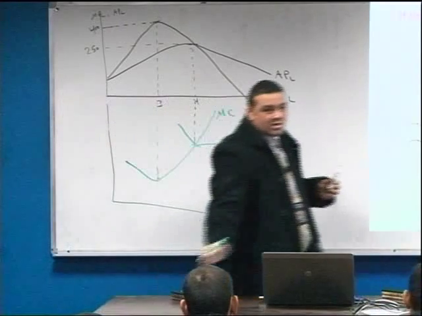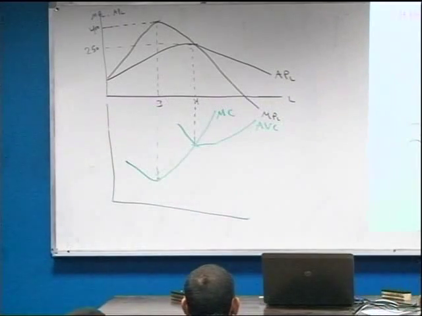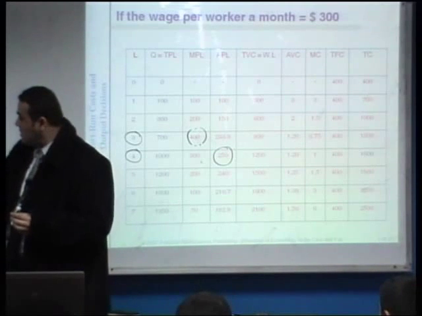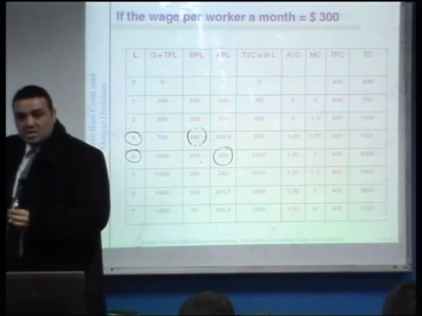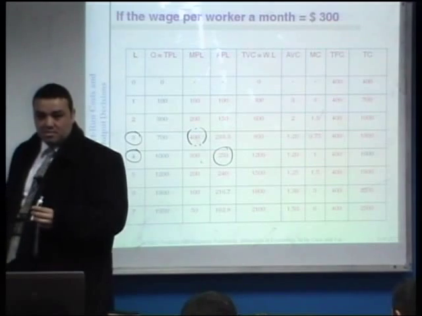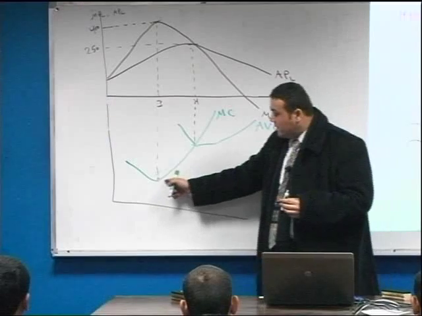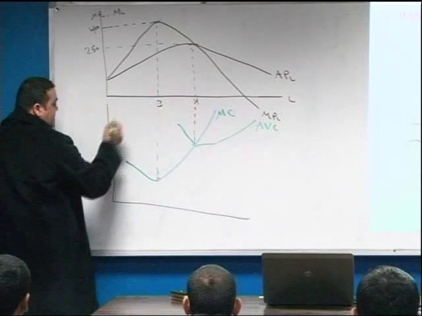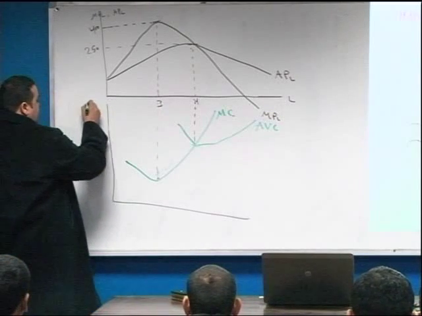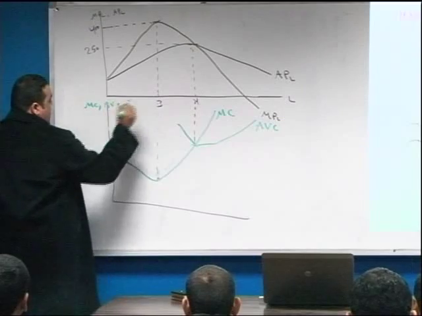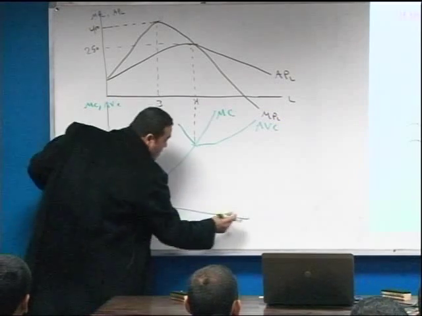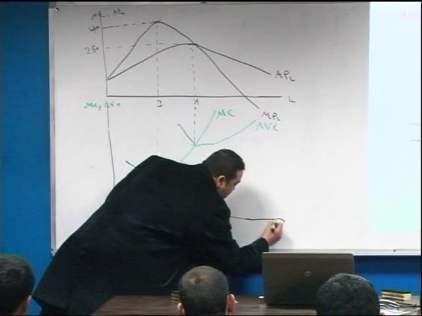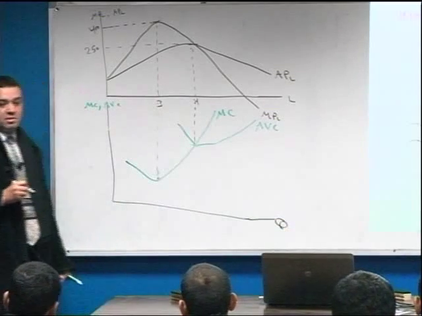What about the marginal cost curve? The marginal cost is decreasing and increasing. The average variable cost is decreasing and increasing, right? The vertical axis explains the MC and AVC, and the horizontal axis explains the quantity produced.